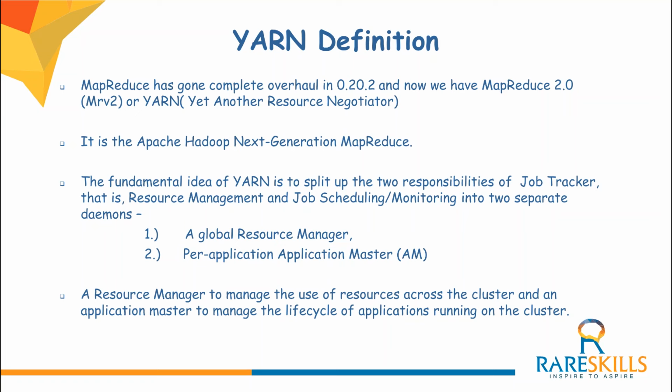So YARN has two daemons. One is called node manager, which is installed on each slave node in the cluster and manages the resources of that single node. There is one instance per node in the cluster. Resource manager manages the resources for a cluster.